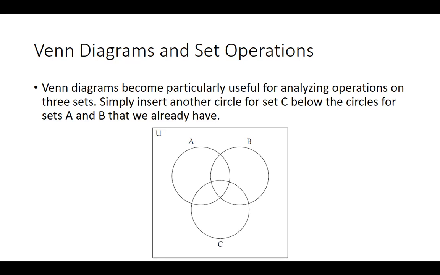Venn diagrams become particularly useful for analyzing operations on three sets. Simply insert another circle for set C below the circles for sets A and B that we already have. So now we have circles for A, B, and C, and you can see there's many combinations of overlapping happening.